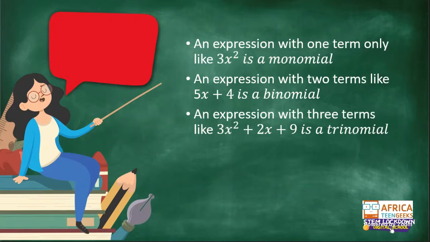Now, we also have an expression with three terms, 3x squared plus 2x plus 9. We say that the expression is a trinomial. So remember the different terminologies there, as far as the monomial, binomial, and trinomial are concerned.